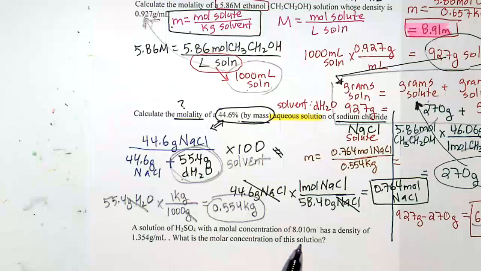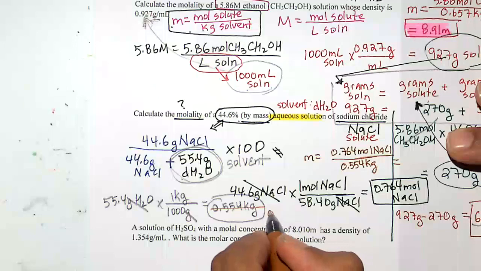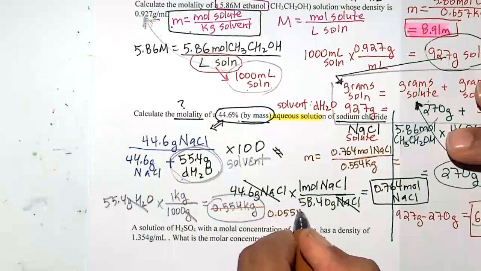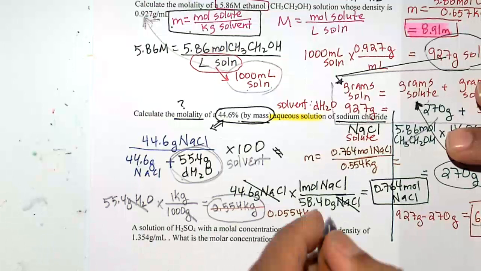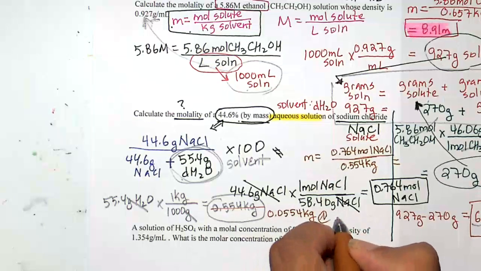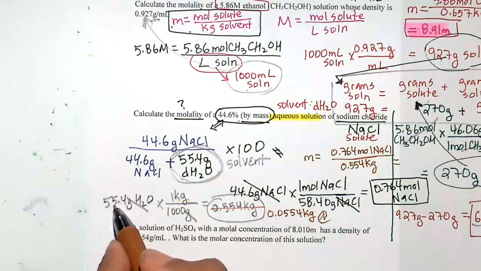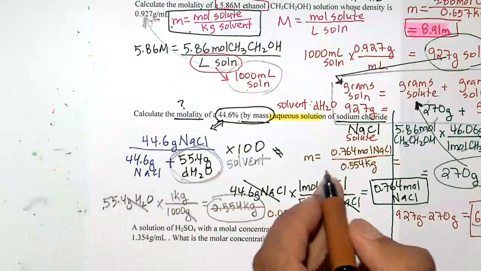Go ahead. I got 0.055. Yeah, not 0.5, 1, 2, 3. All right, my bad. Thank you, Alex, I appreciate that. That is 0.0554. Move it 3 to the left: 1, 2, and then another 1, 3.